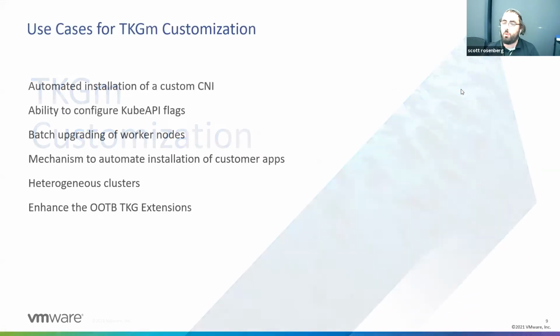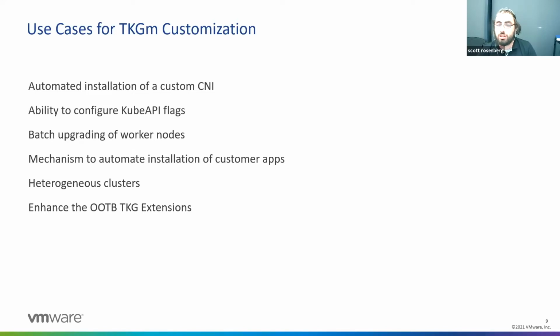Now, let's talk about what types of use cases we have for customization of TKGm. Number one is, TKGm comes with two CNIs that we can install, Antrea or Calico.